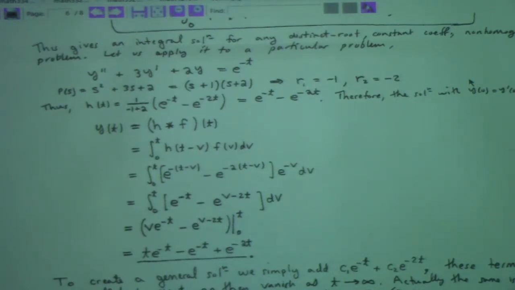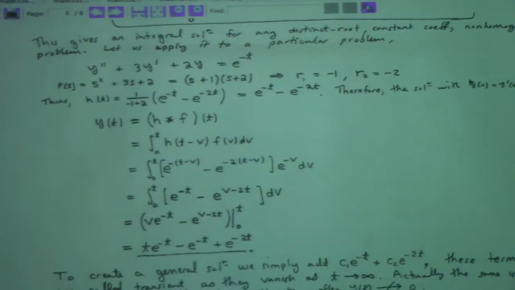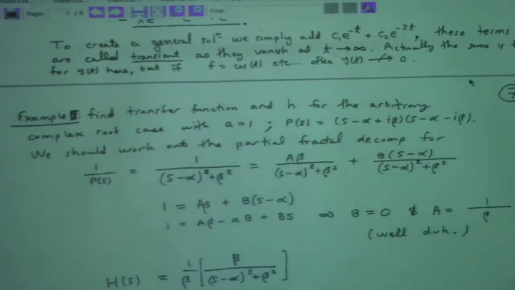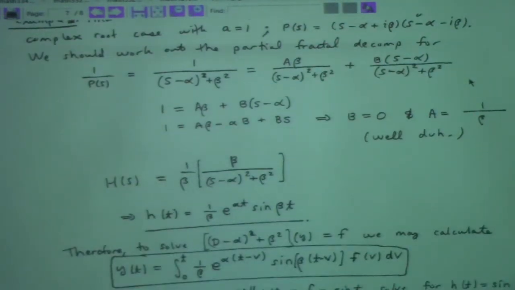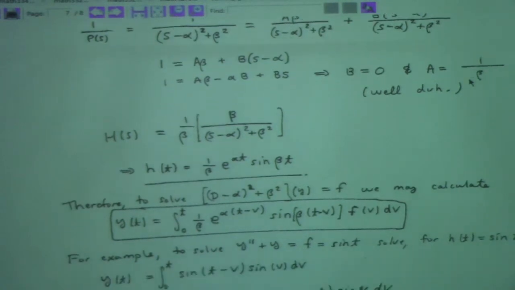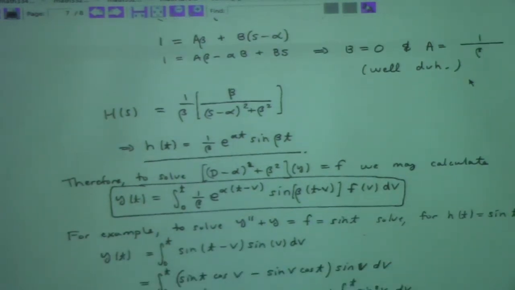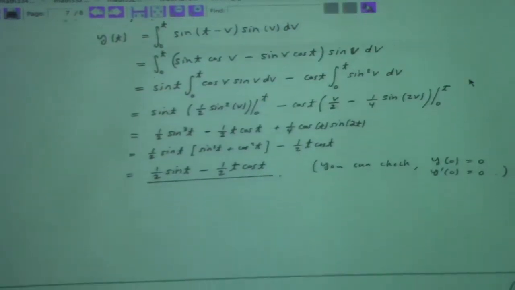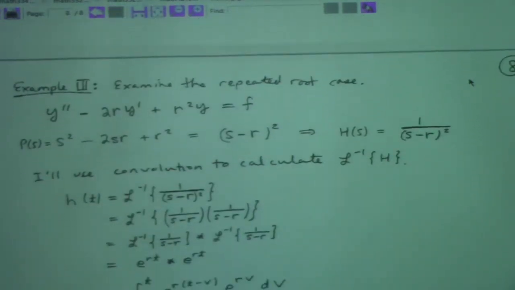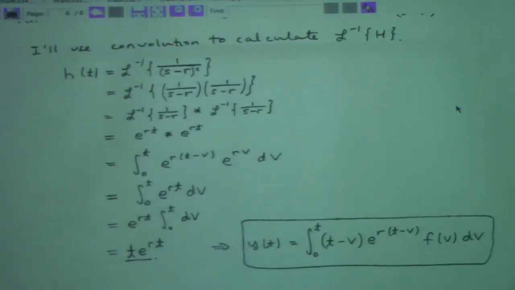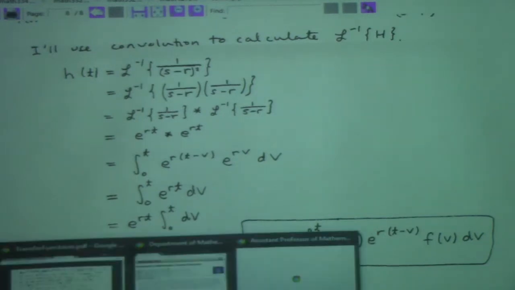And here's the Green's function for the quadratic case. Here's the repeated root one. So anyway, you guys can look at this. I'll show you where I found it, if I can find it. Where'd that thing go?